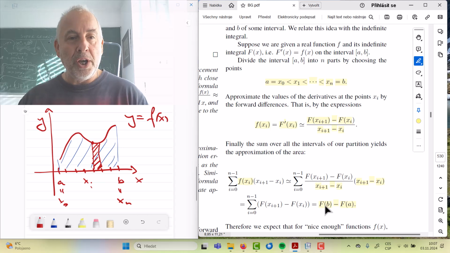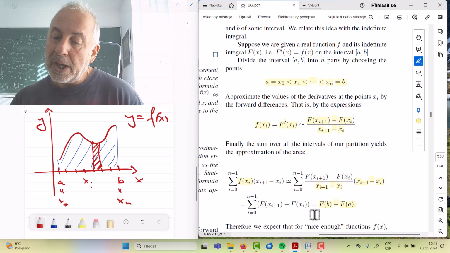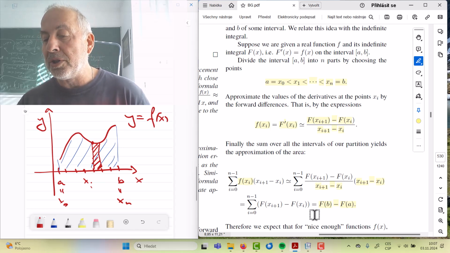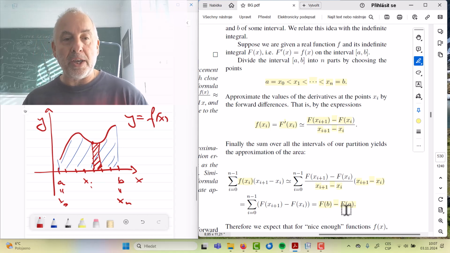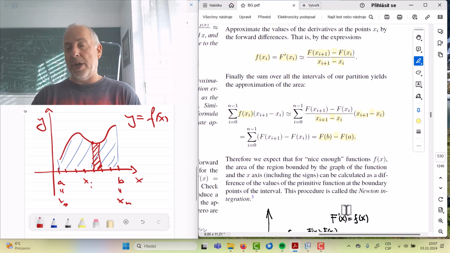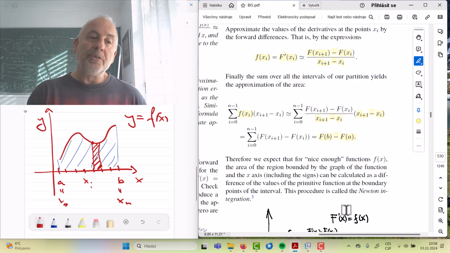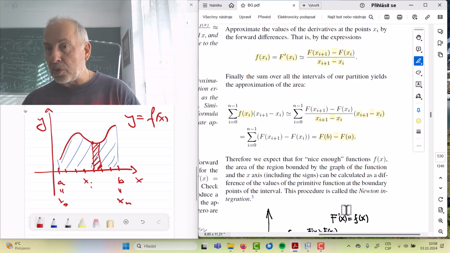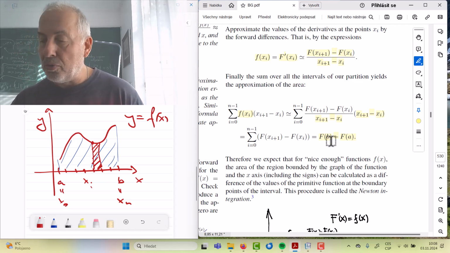And therefore you see that if I have found an antiderivative, then it's a very good idea to believe that in some sense the area below the graph is defined as F(b) minus F(a). Let us notice that we haven't defined what the area is yet. So this might be simply our definition of the area, and then we would think about what are the properties of such a concept. Well, we shall proceed in a slightly different way in the future, but for now this is a good result.